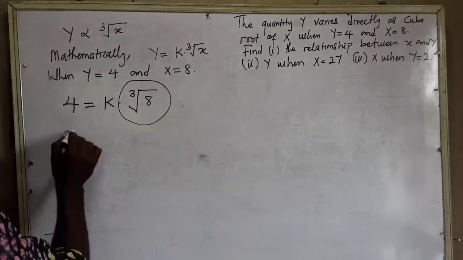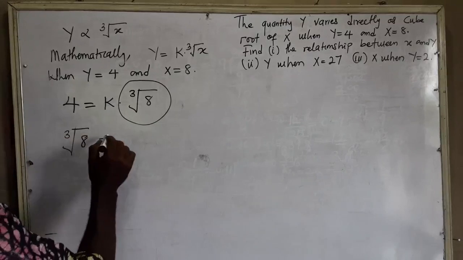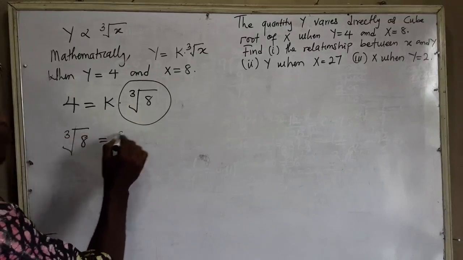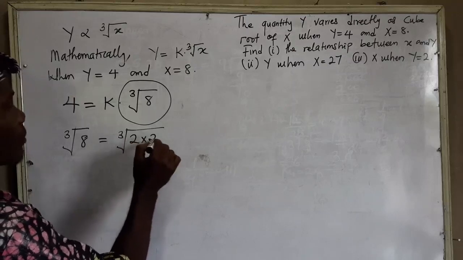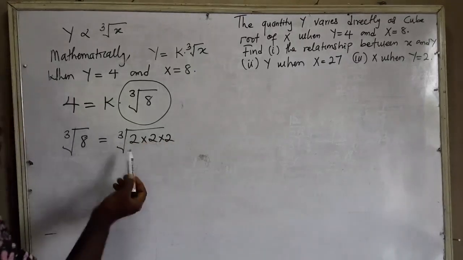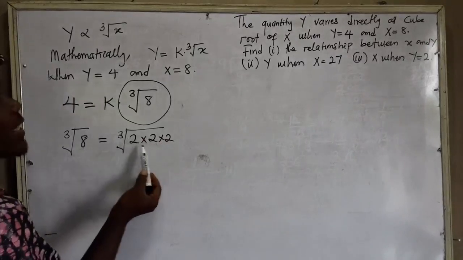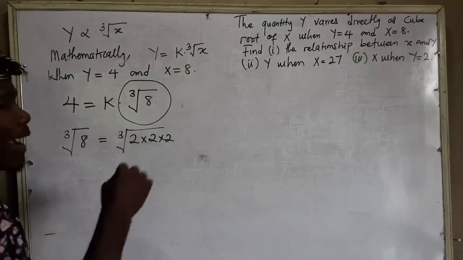The cube root of 8 can be solved in two ways. You either write it like this: cube root of 8 will be 2 times 2 times 2, showing us that when you multiply a number three times and it gives 8, that is what we mean by cube root.